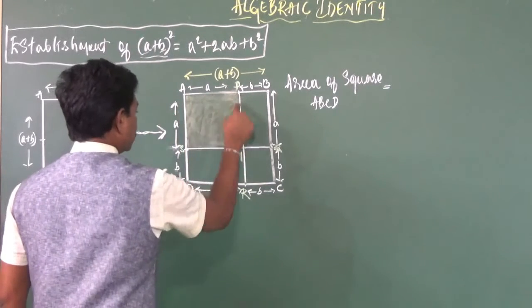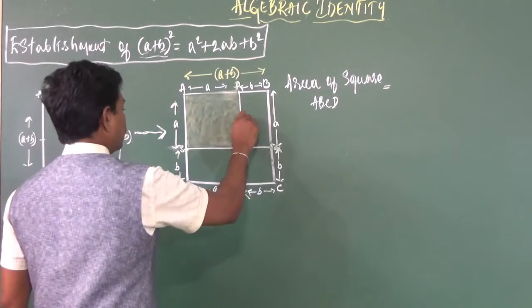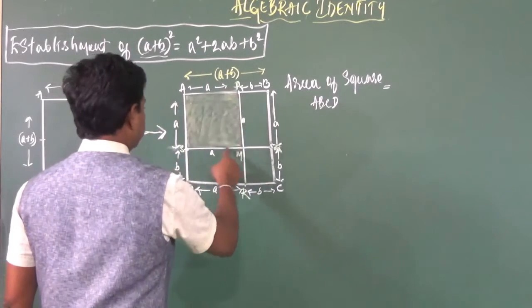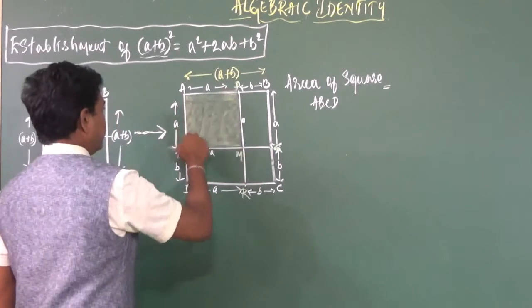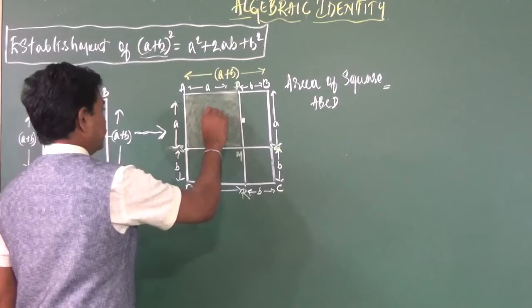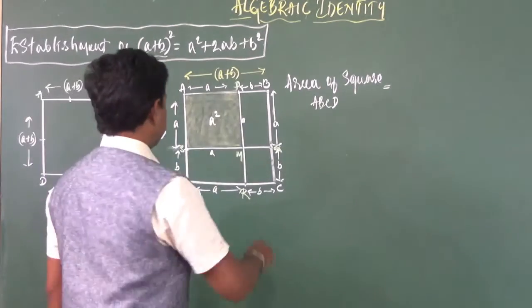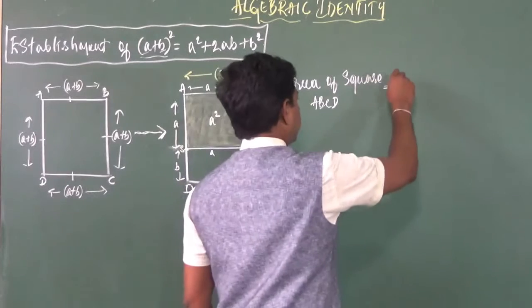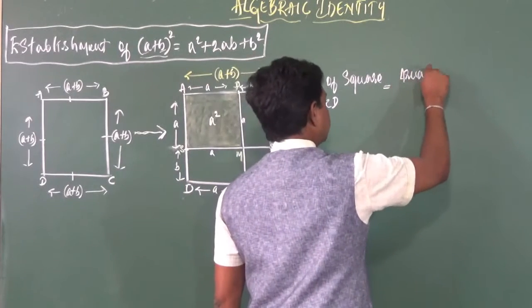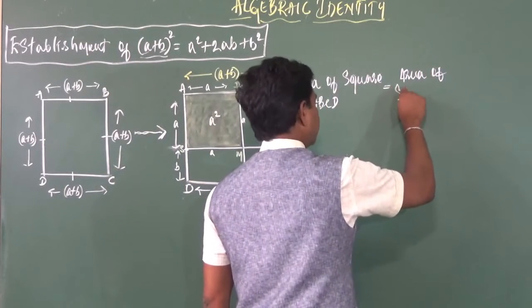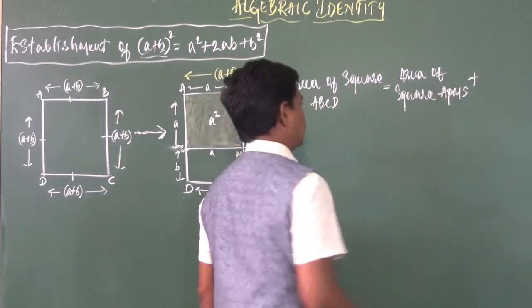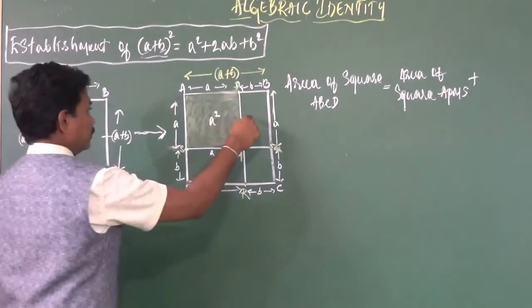So as all the 4 sides are equal in this, therefore area of this particular polygon will be A into A, that is A square. This can be written like this, that is area of APMS is equal to area of square APMS plus, let us get into this here.